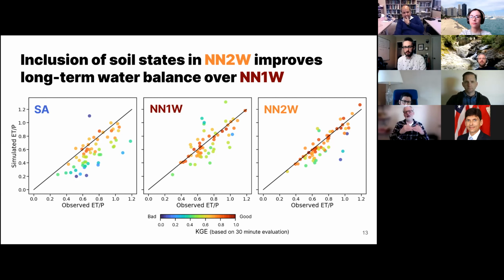Andrew, nice presentation. I'm trying to digest this. There are two perspectives. One is, you're saying, and I think consistent with some other research, that these neural networks are somehow able to predict better than physical process representation.